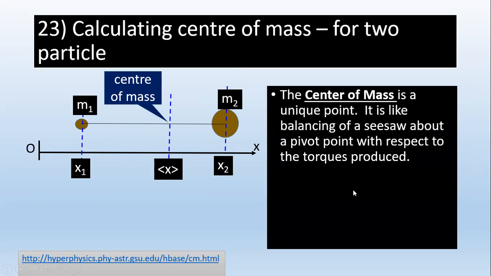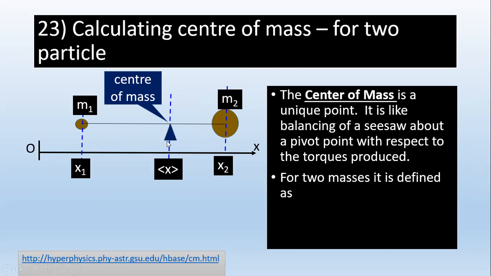So the center of mass is a unique point, one point only. It's like the balance of a seesaw. You put a fulcrum there and it is balanced. The clockwise moment equals the anti-clockwise moment about the pivot point with respect to the torque produced. Torque is just the force times the distance, which we'll study later on.